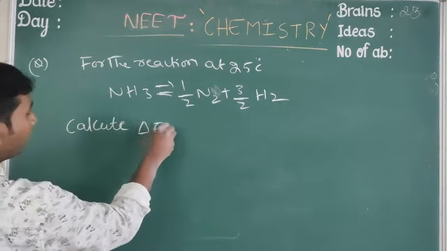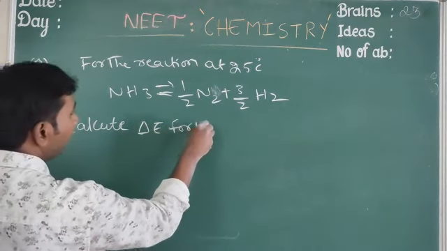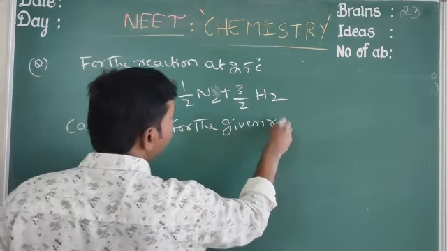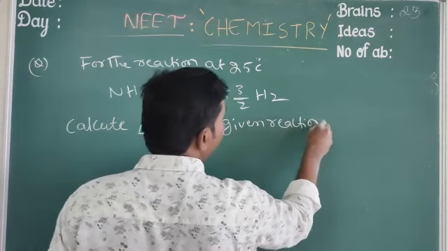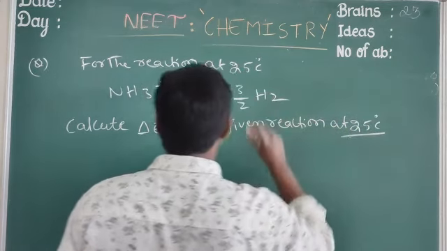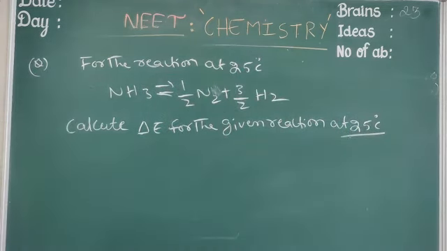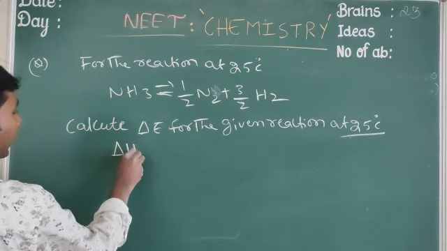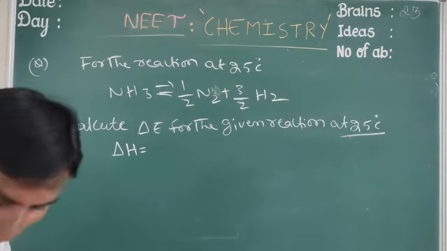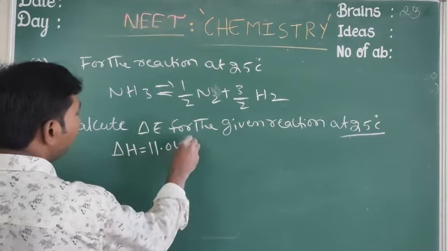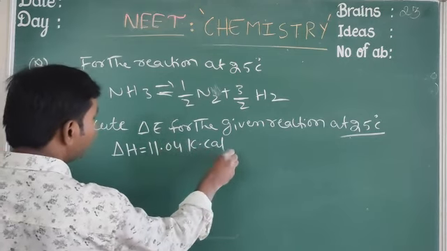Calculate del E for the given reaction at 25 centigrade. Del H naught equals 11.04 kilocalories.